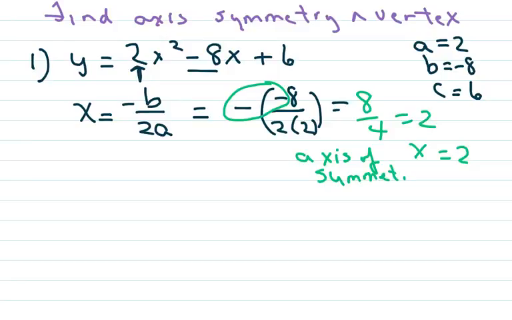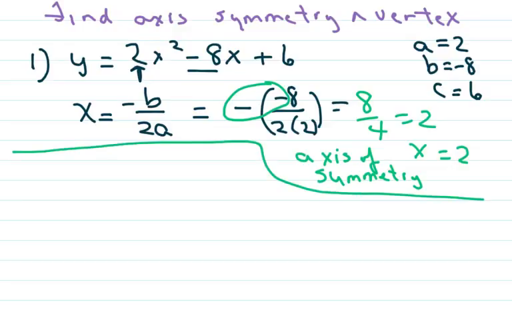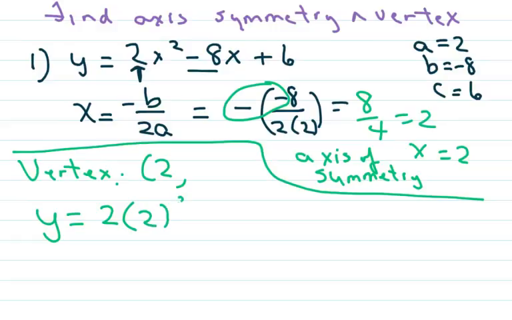So you want to write axis of symmetry. Now, to find the y component for our vertex, we're going to do the vertex now. I know the 2 is part of my vertex, the axis of symmetry. So all I'm going to do is plug in 2 here: y equals 2 times 2 squared minus 8 times 2 plus 6.